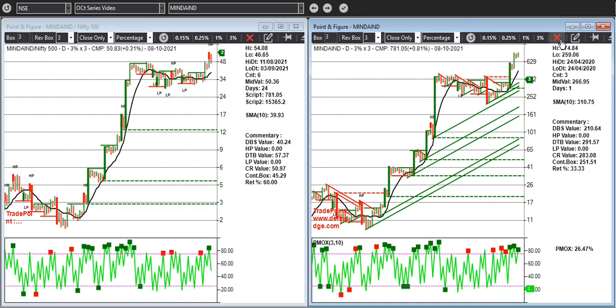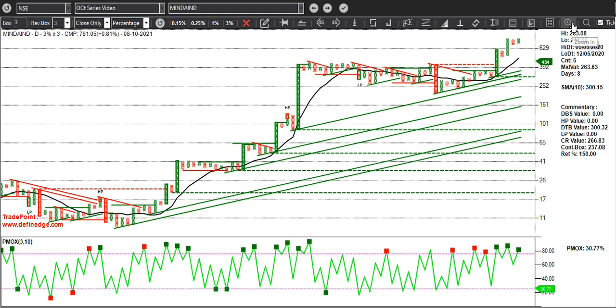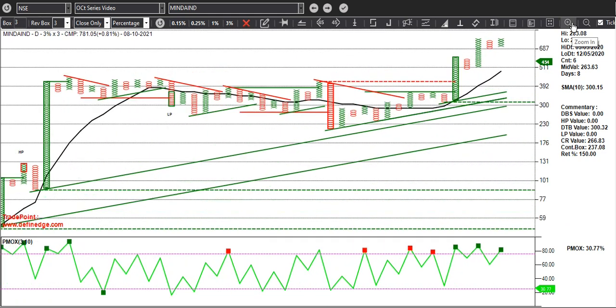Minda India is also a bullish chart. It was in consolidation for a very long time. This is the consolidation from 2017, which was actually broken here.